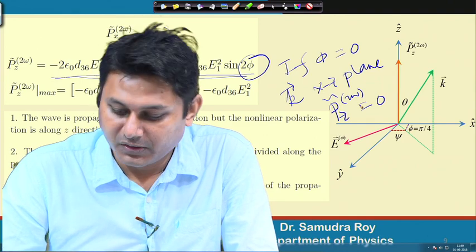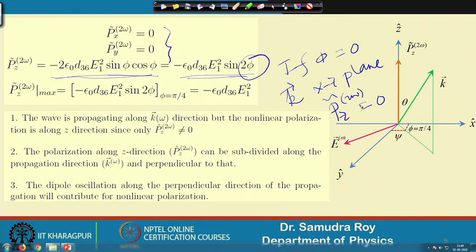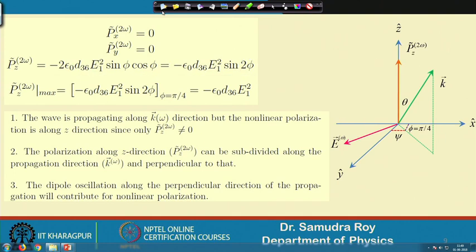So, here we see that this phi is an important term, because if it is 0 then P z is 0. That means if I change the orientation of k, then there is a possibility that I can maximize this P z, because it depends on phi.